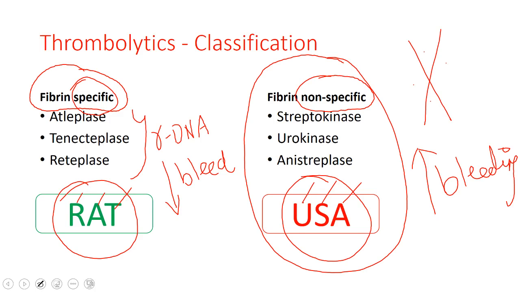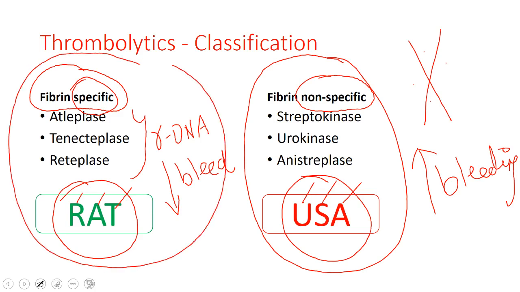So in general, if you have a question like which thrombolytic is the drug of choice, choose one from the fibrin specific or rDNA ones because their safety concern is much less compared to the non-specific ones. And amongst this RAT, the tenecteplase, T, is the longest acting. Okay. So this is important. Please keep this fact in mind.